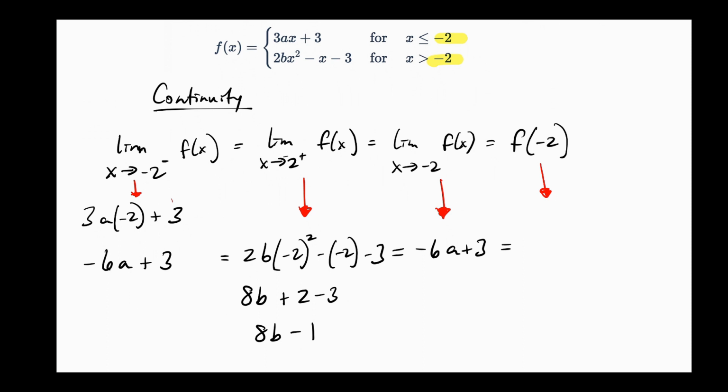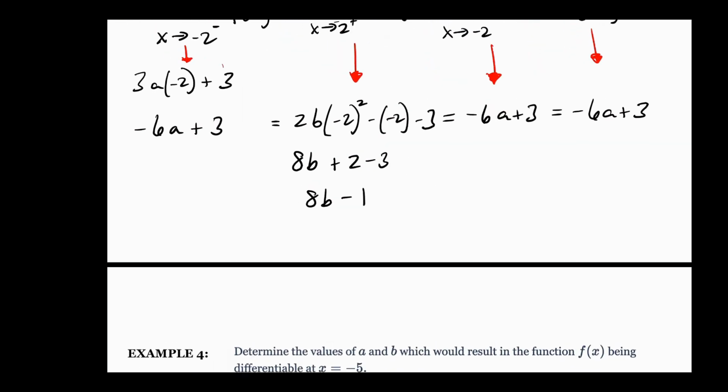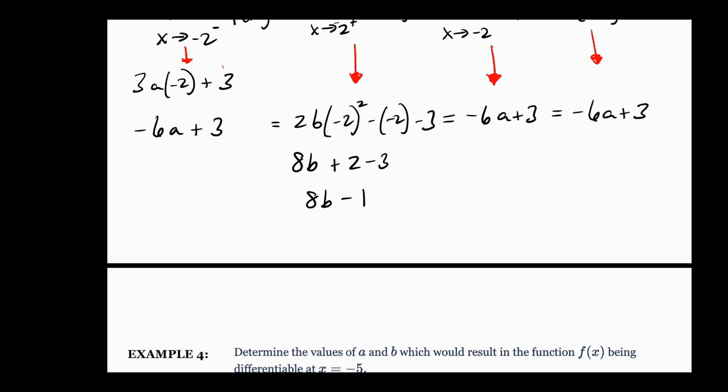So pretty much what I get here is -6a plus 3 is the same as 8b minus 1.